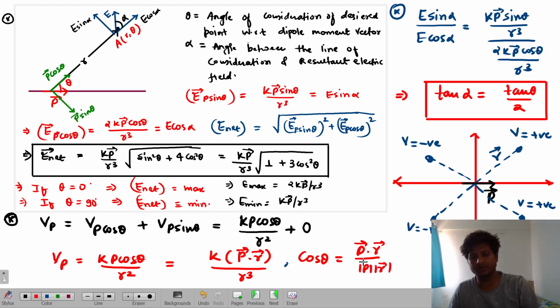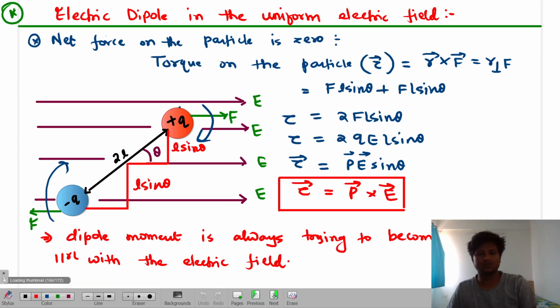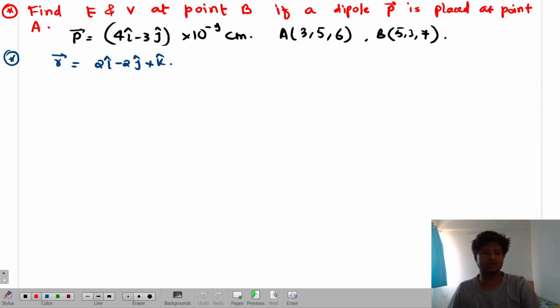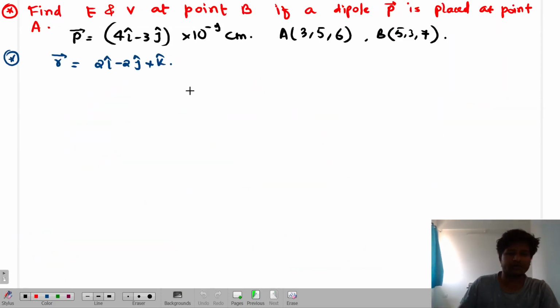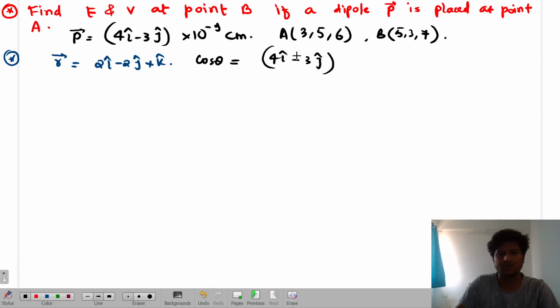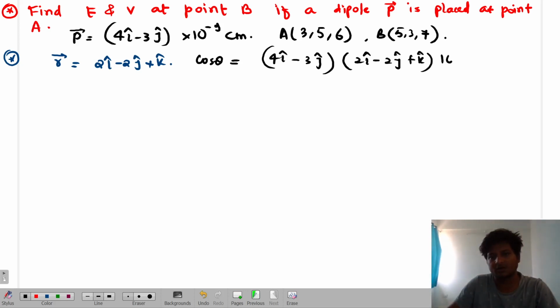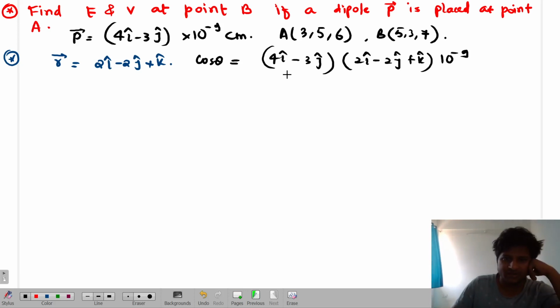I can apply the dot product or not? So look over here, simply do that. You know your p vector, you know your r vector. So cos theta is what? P vector, that is 4 i cap minus 3 j cap, dot r vector 2 i cap minus 2 j cap plus k cap, into 10 to the power of minus 9, divided by the magnitude of it.